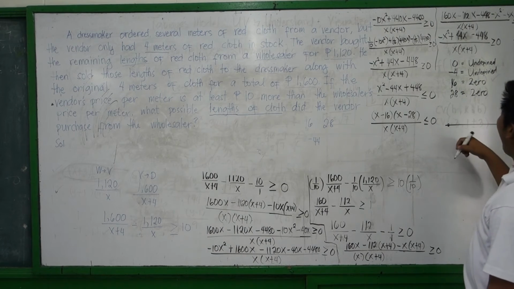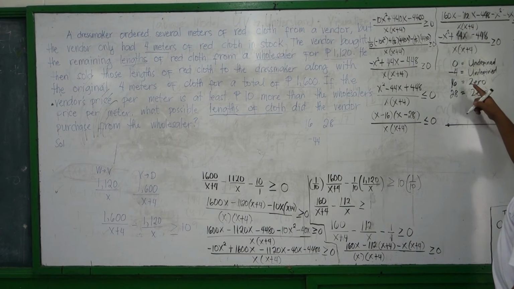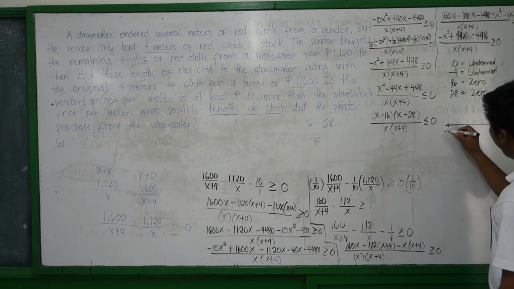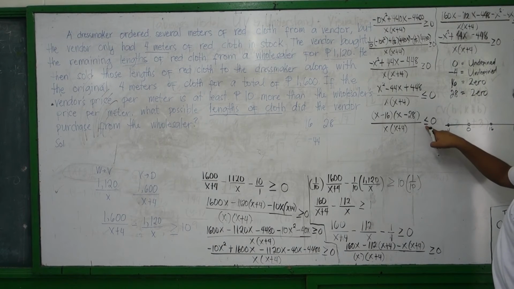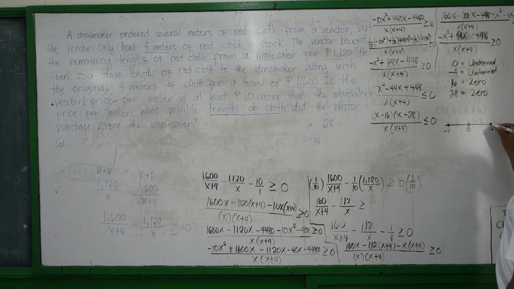Hollow circle at negative 4. Next is 0, also hollow. Next is 16. Since 16 is equal, it should be solid, meaning it is part of the solution set. And 28 here is also part of the solution set.